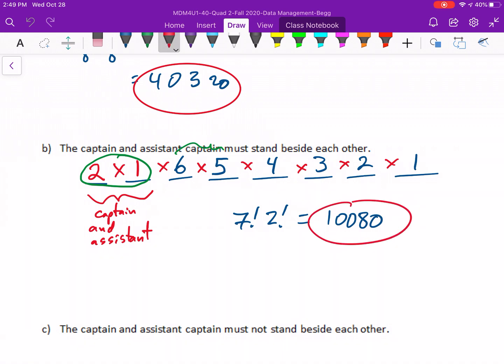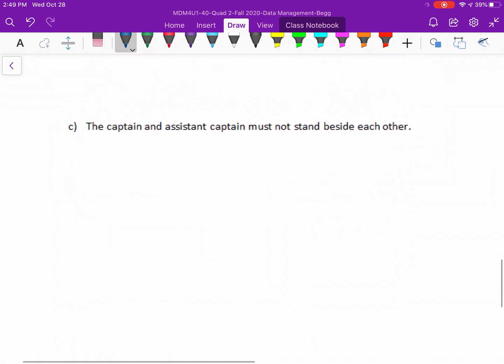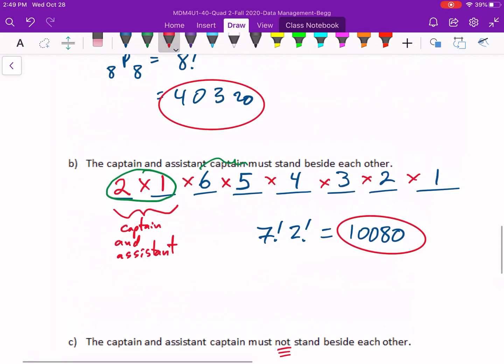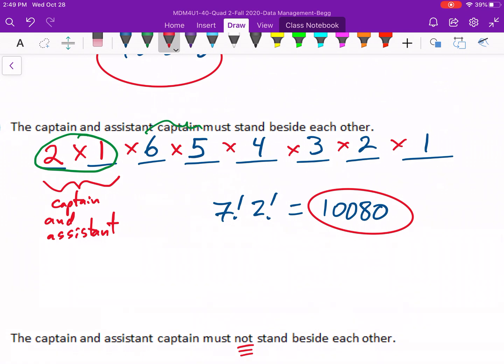Okay, the last example, and this is the one that actually does use the indirect method. The captain and the assistant must not stand beside each other. So, if they cannot stand beside each other, then that opens up a whole can of worms, because maybe there's 1 person between the captain and the assistant, or maybe there's 2, or maybe there's 3, or 4, or 5, or all 6.